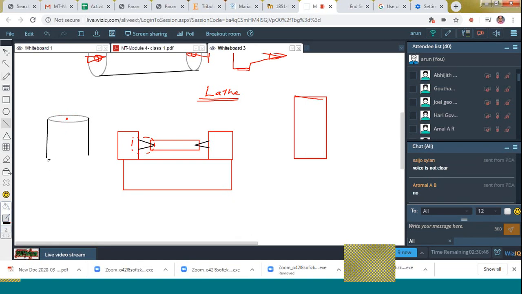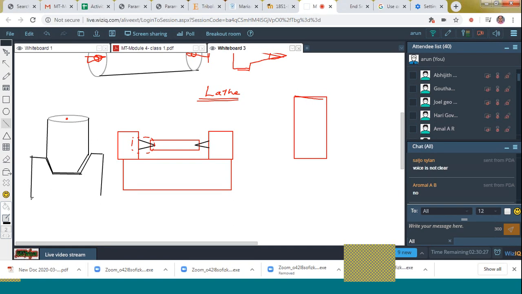So the thing is like this. This end will be made in the form of a cone, and that will be inserted into a cup which has a cone shaped structure. That will get locked. Got it?